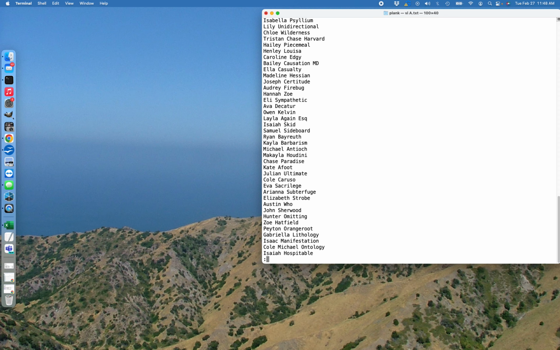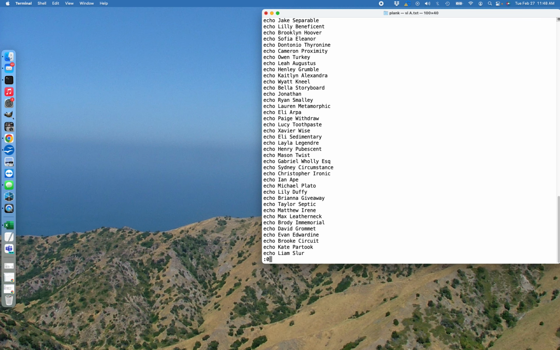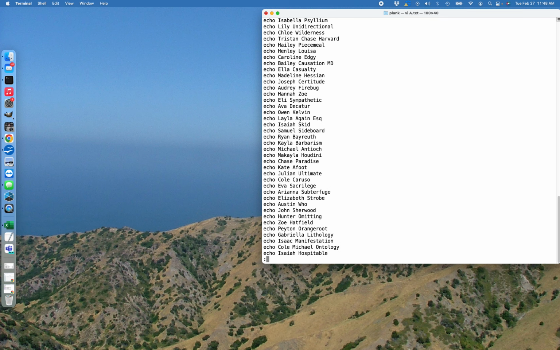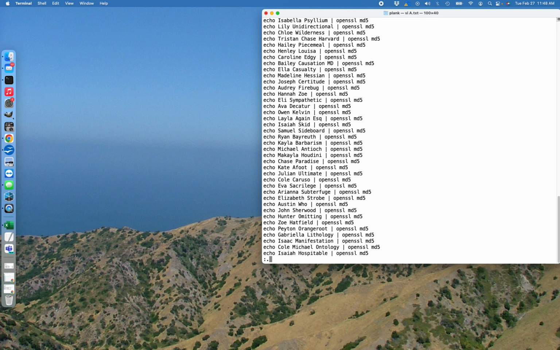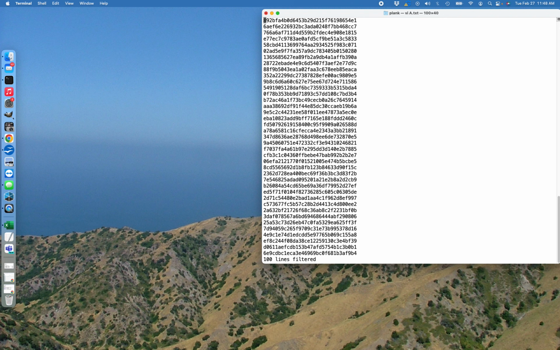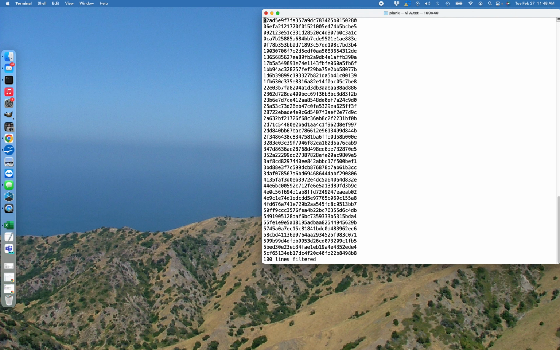So here, echo that into OpenSSL MD5. Okay, there are my hashes. I'll sort them. There's my min hash. That's my minimum value. We don't even know what value it corresponds to.